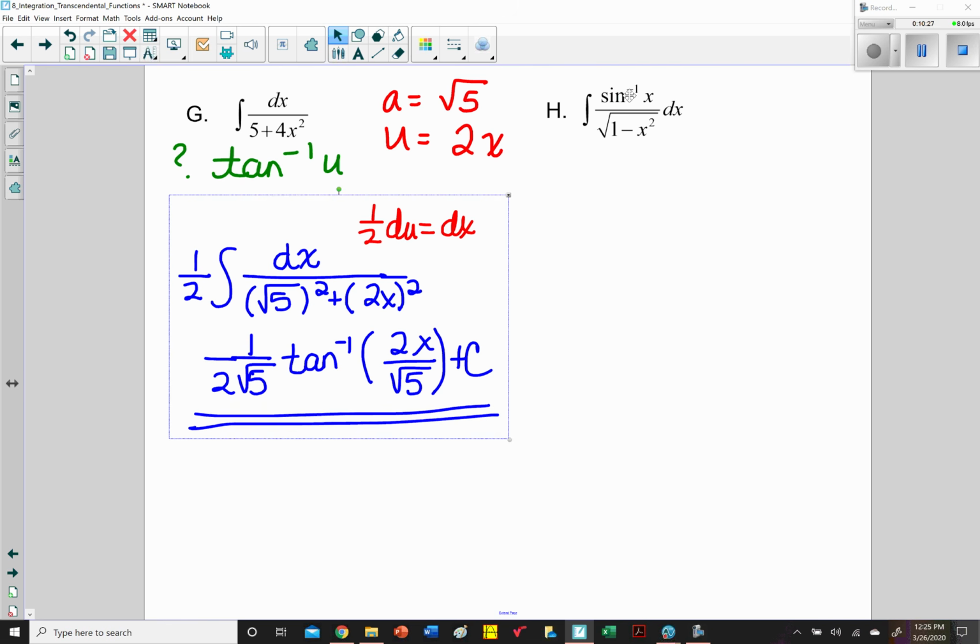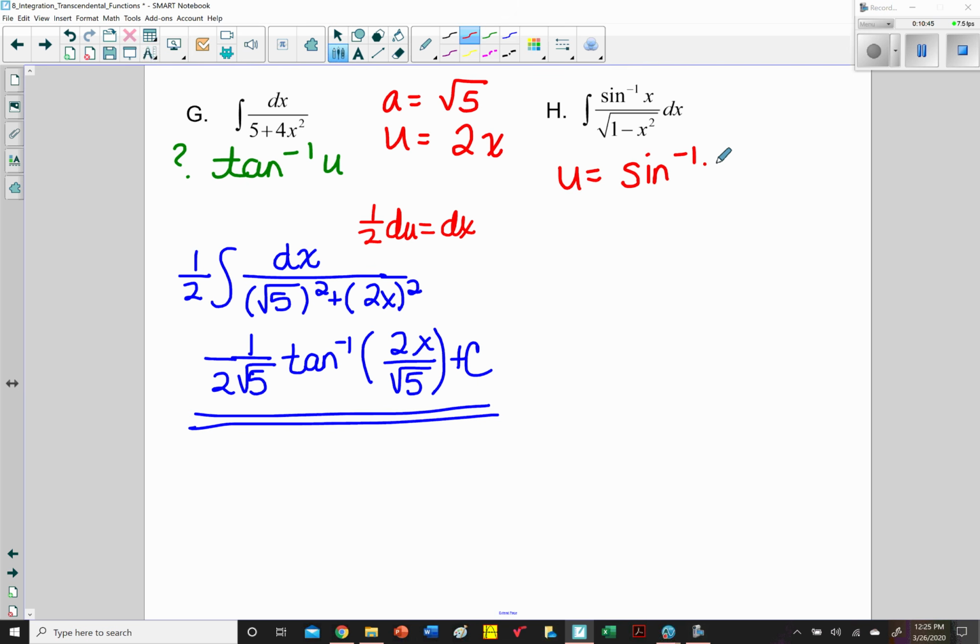All right. So here, what would be a good u-substitution? Let's say sine inverse, because the derivative of sine inverse is 1 over the square root, so this is our derivative down here. U is sine inverse, and du is 1 over square root of 1 minus x squared, which is definitely our denominator.